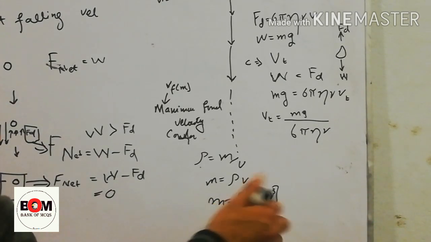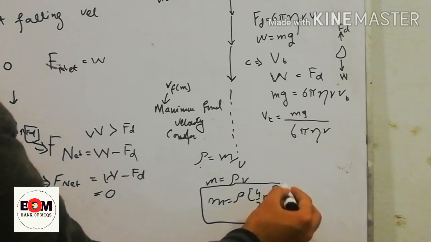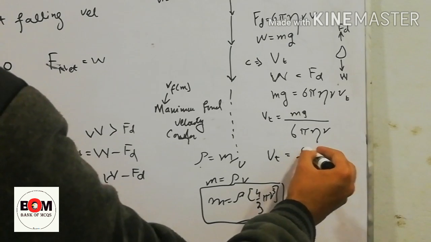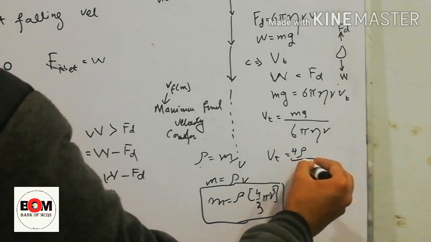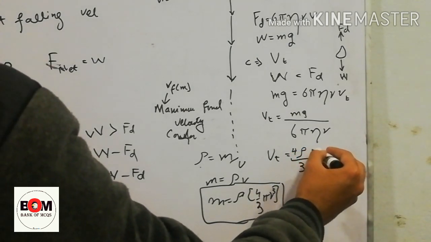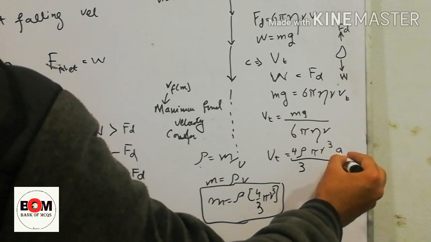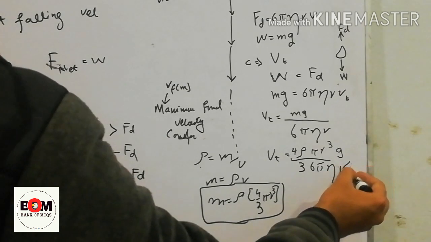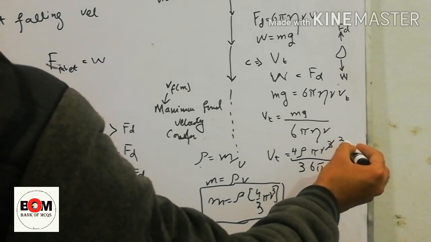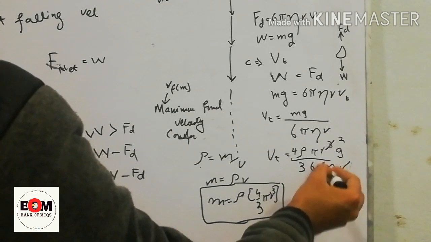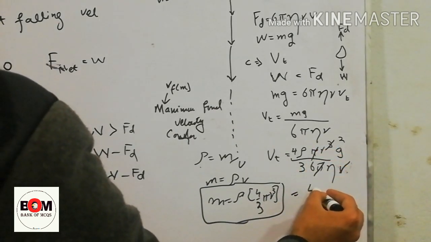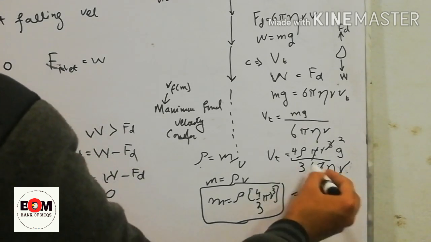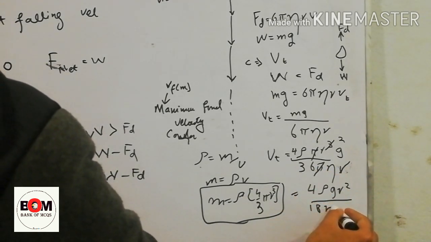Putting this in the equation, we will get Vt is equal to rho 4 by 3 pi r cube g over 6 pi eta r. One r cancels with the cube, it will become the square. Pi cancels with pi, and we will get 4 rho g r square over 3 times 6, which is 18 eta.